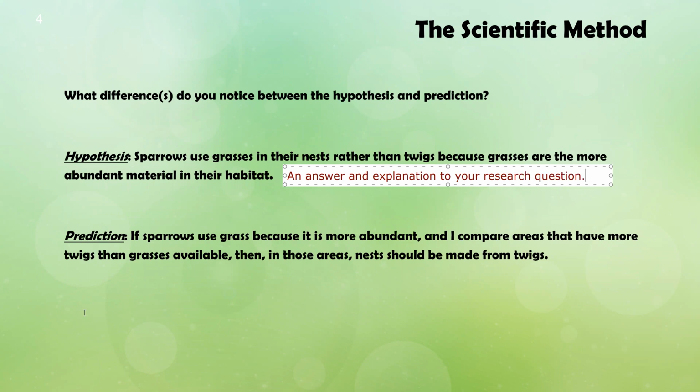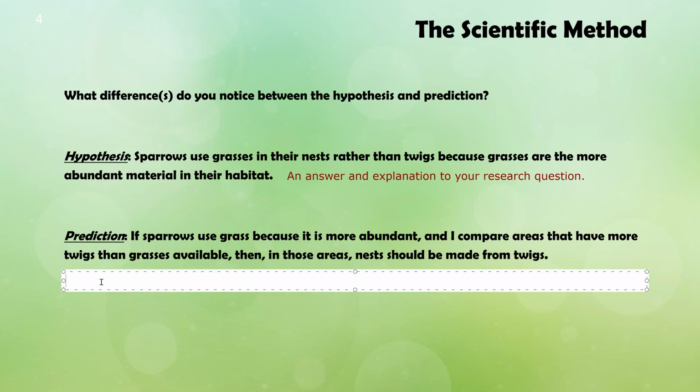Whereas a prediction is the expected outcome in a certain situation, the actual experiment, what you're actually doing in the experiment. So the prediction is what you expect to see as an outcome of your experiment based on your hypothesis. Okay, it's based on your hypothesis.